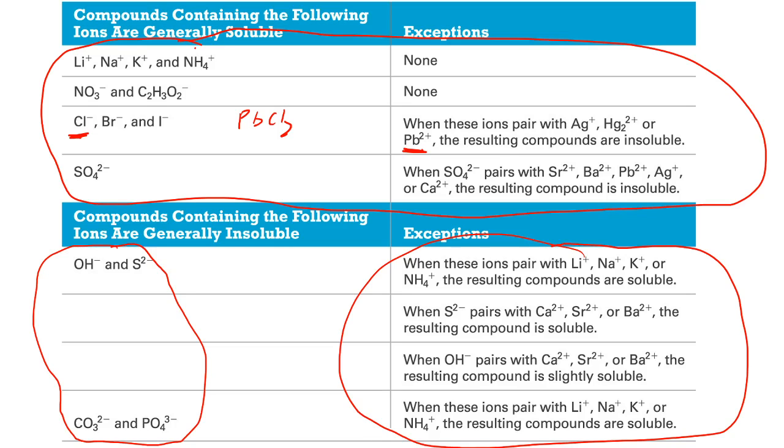But for example, calcium hydroxide, Ca(OH)2, is slightly soluble. What that means is you can put a little bit in and you'll get it to dissolve, but you won't be able to get a tremendous amount. Everything else we're dealing with, when we say it's soluble, you can get a fair amount in.